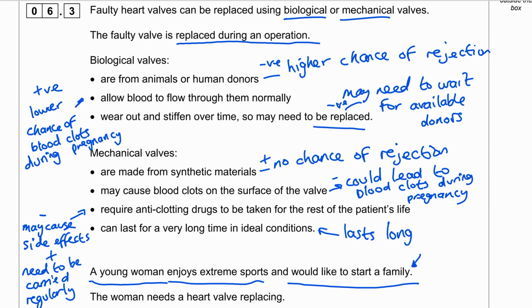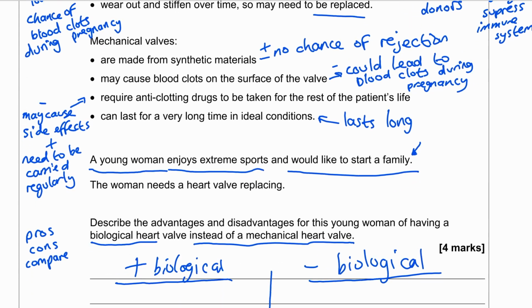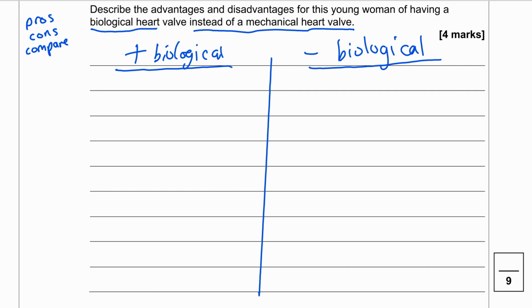So when we were thinking about this higher chance of rejection, what that probably means is that we would need to try and somehow reduce the chance of this happening. So what the person would need to do is take drugs to suppress or lower the immune system's response, which again is a negative thing. So let's list our points now in the relevant places, see how many we've got on both sides.